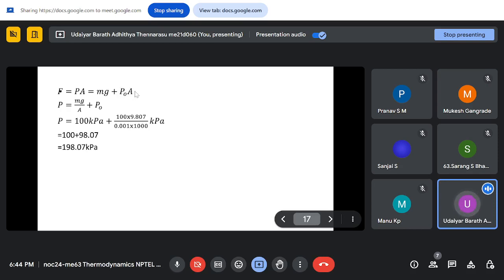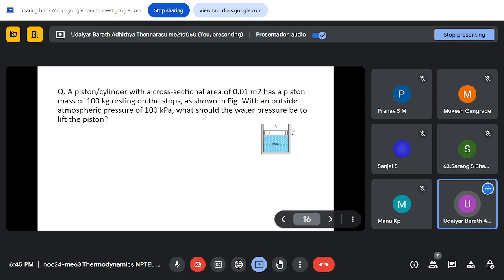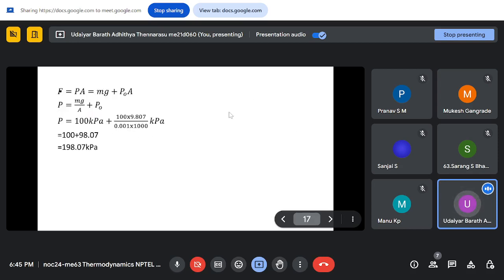Now we can divide this whole thing by area, so you can find out the pressure here. Pressure P is mg divided by area plus P naught, just rearranging. We know P naught, which is 100 kilopascal, the atmospheric pressure, plus the mass, which is given as 100, into g, given as 9.807, divided by the area, which they have given as 0.01 meter square.